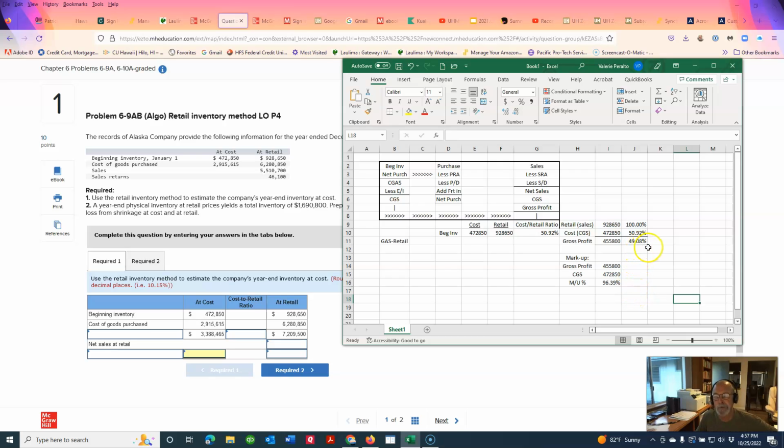A gross profit percentage of 49.08% means that our cost percentage or our cost to retail ratio is 50.92%. And this is how the accounting department would look at these numbers. On the other hand, our sales department would probably be more inclined to look at markup percentages.